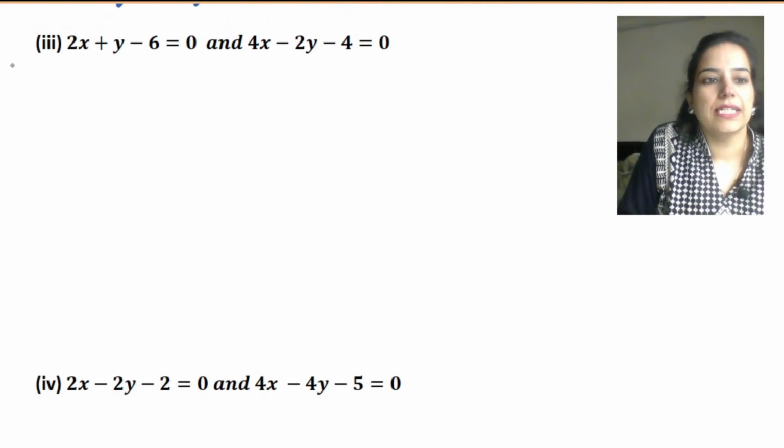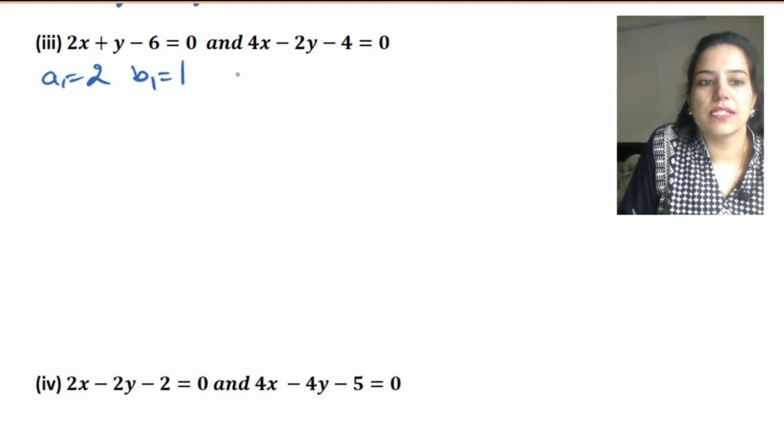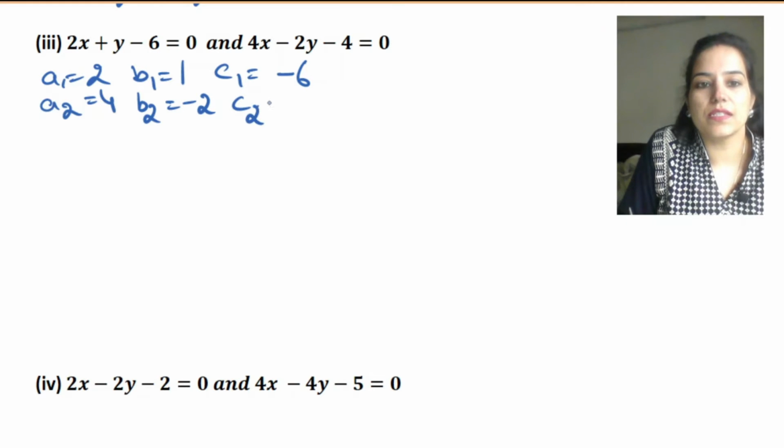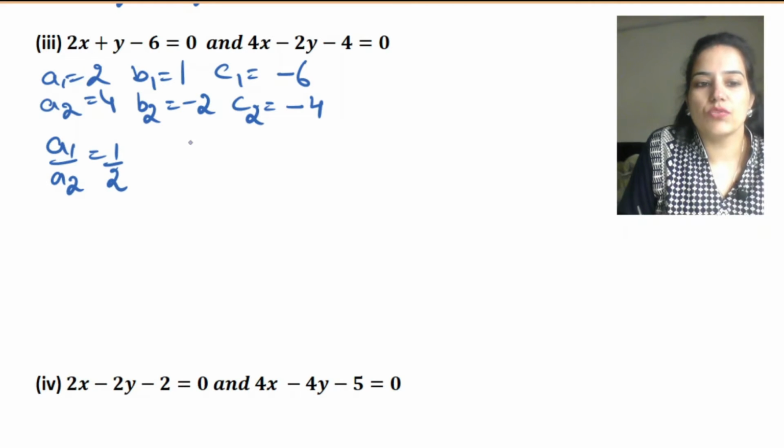Now, third one, let's check. A1 is 2, B1 is 1, C1 is -6. Then A2 is 4, B2 is -2 and C2 is -4. Now A1 upon A2 is 1 by 2, right? 2 by 4.